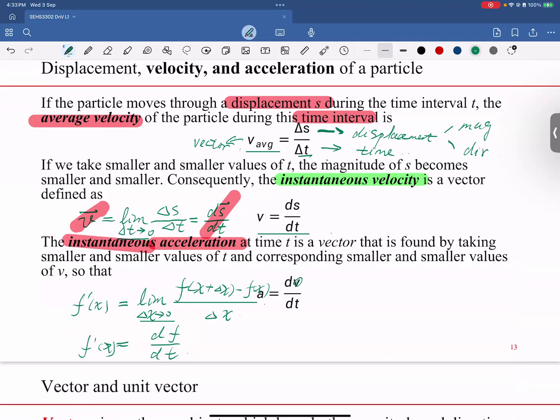Derivative of velocity, we get acceleration, which means acceleration is dv over dt. Okay, fine. Here, ds over dt and dv over dt.